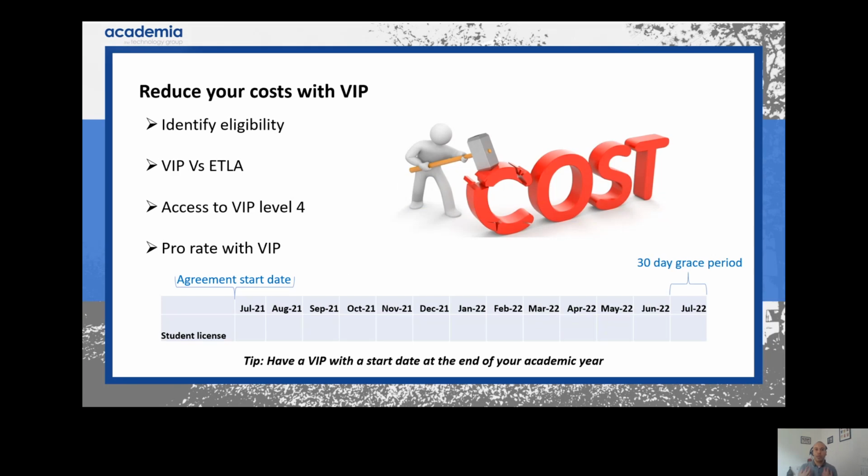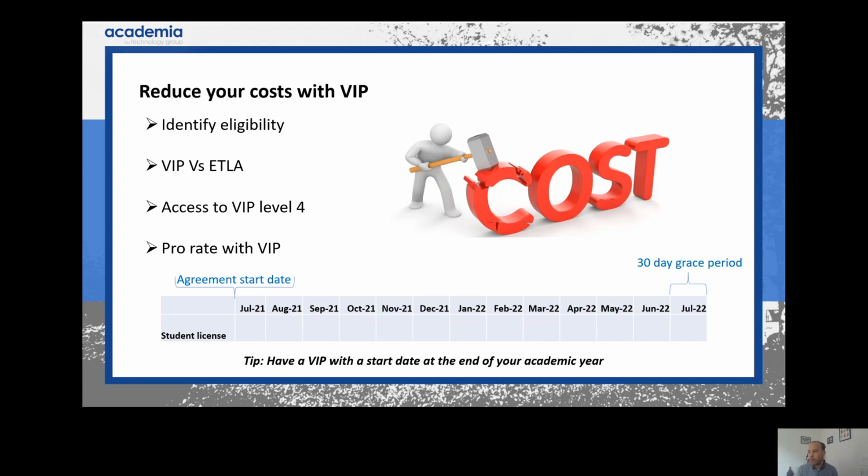So a lot of the licensing we supply is VIP, and I'll give you a bit more detail in terms of VIP versus the other common licensing model, ETLA, in a moment. But before I do, I want to reiterate, identify your eligibility. It is by far the best way of reducing your cost, and I will continue to repeat that with no shame throughout the rest of this presentation. So back onto what a VIP is. A VIP agreement is an annual prorated agreement which you could procure Adobe products through.